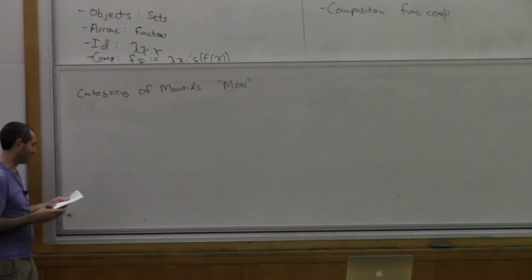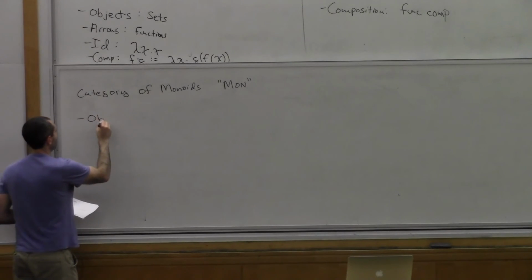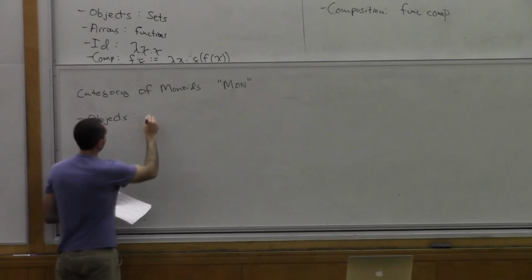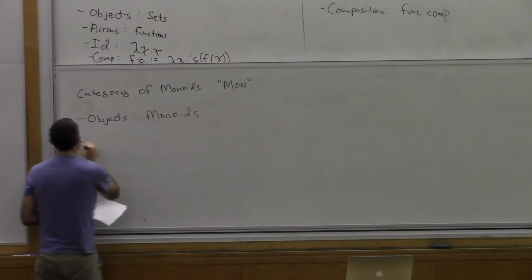Okay, so this is probably pretty obvious by now, but what should its objects be? Monoids, yep. Arrows. Okay.